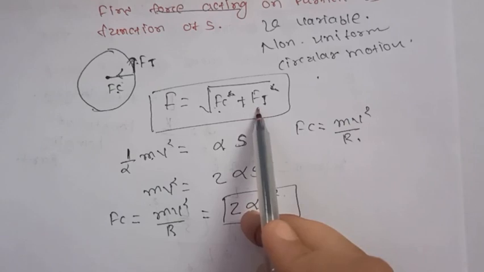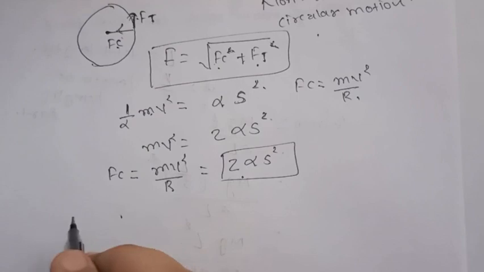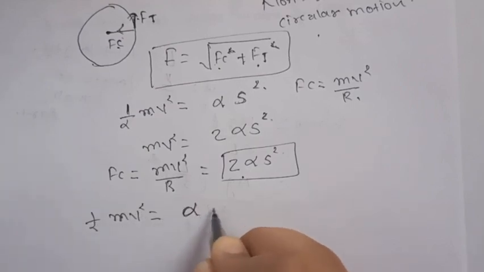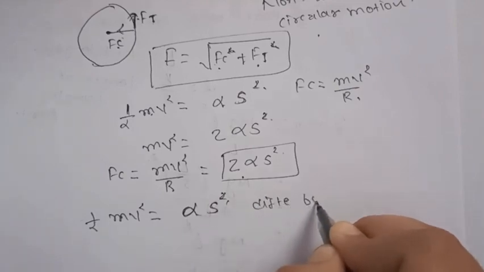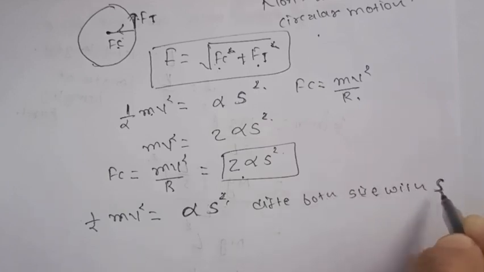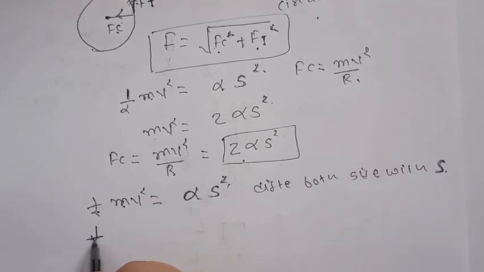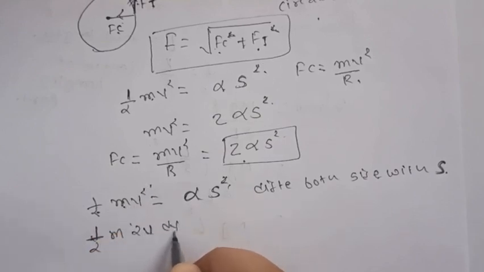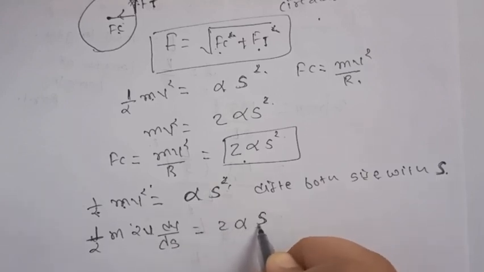Now we want to find the tangential force. The kinetic energy can be given as half mv square is equal to alpha s square. Now differentiating both sides with respect to position s, half m is constant, differentiation of v square will be 2v dv by ds, which will be equal to 2 alpha s.